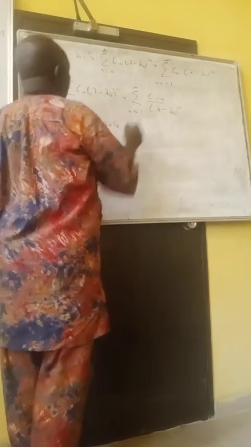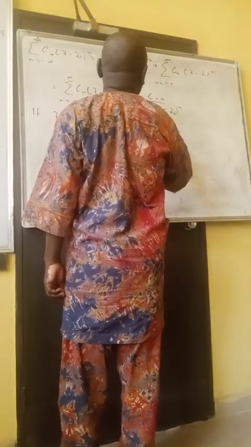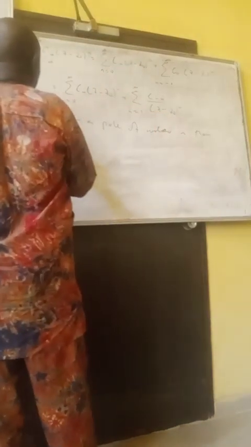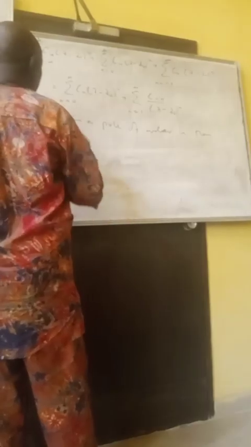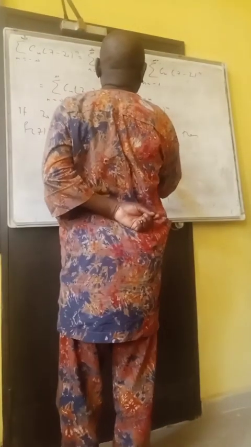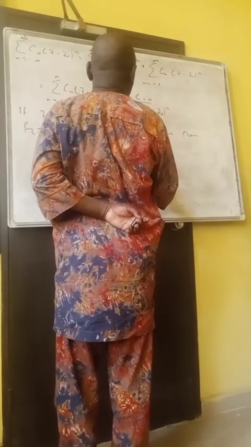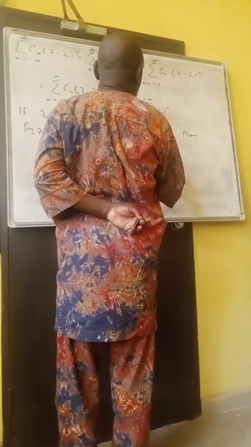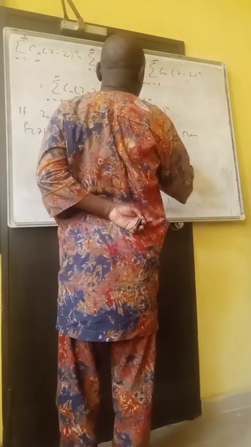Now, if z naught is a pole of order n, then f of z is equal to summation n from 0 to infinity, the regular part, but it will also have a principal part, which is summation k from 1 to n of c minus k into (z minus z naught) raised to power minus k.